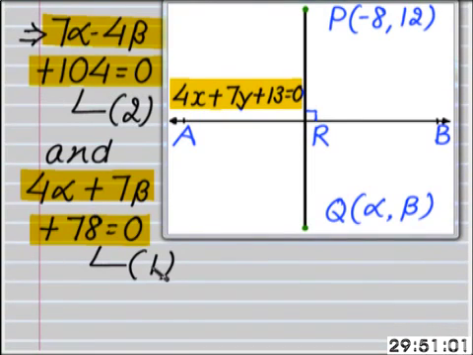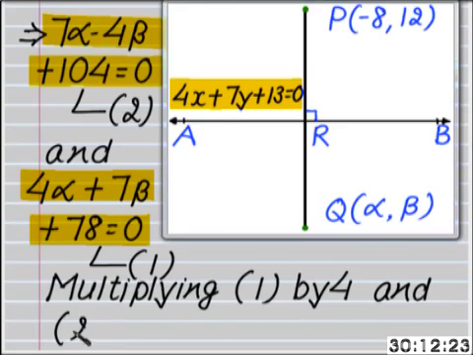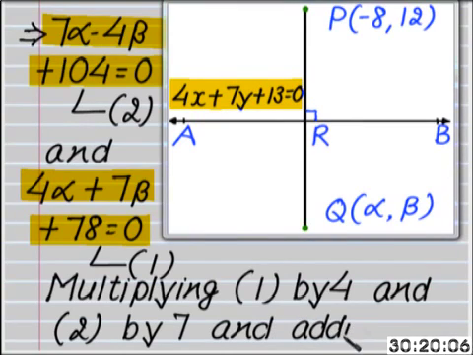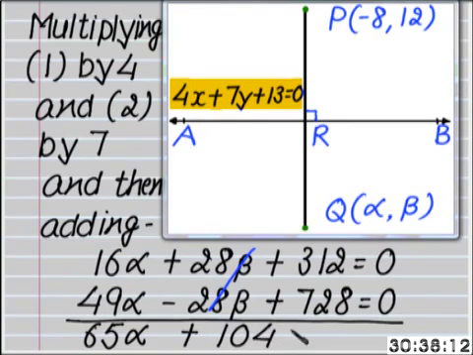So now, from equation number 1 and equation number 2, multiplying equation number 1 by 4 and equation number 2 by 7 and then adding, we get 65 alpha plus 1040 equal to 0.